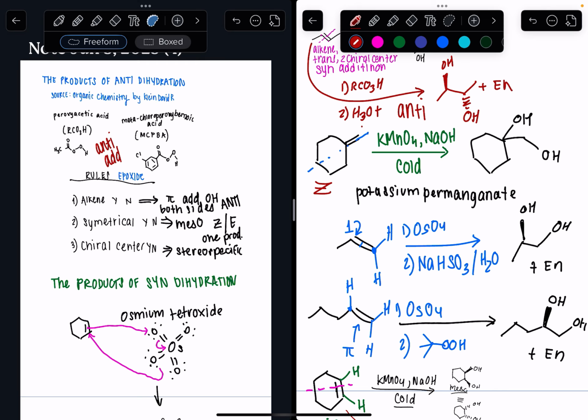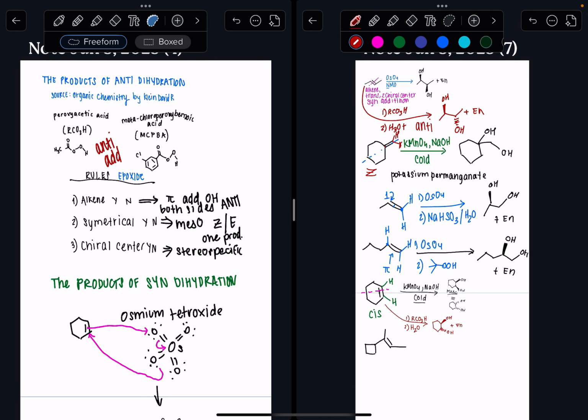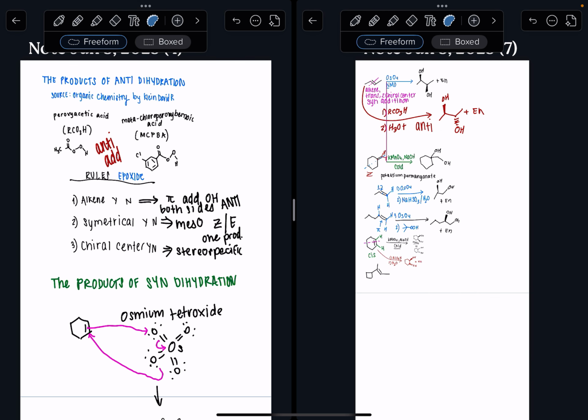Z equals same. And you only have one chiral center. So that's when you're going to end up with a product that will be the same using both acidic workups as well as a basic workup.